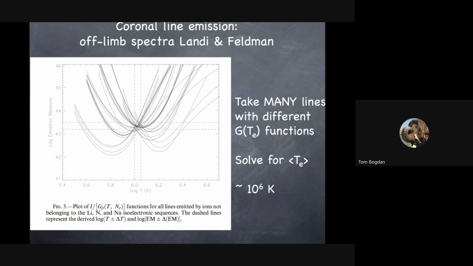Yeah, Phil, I just want to make sure I understand a certain point. You were saying that the line ratio techniques for getting at temperature can't be accurate because ultimately the G(T) matrix is ill-conditioned and there's no getting around that. Is that a correct statement?